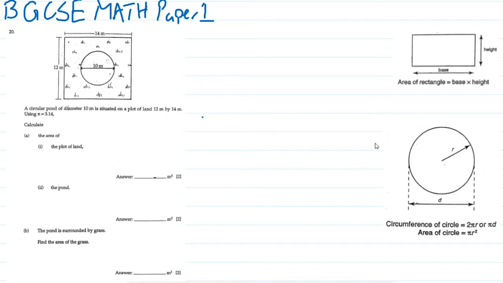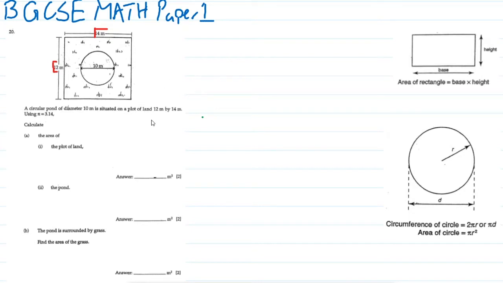These formulas are given on the formula sheet right in the front of the Paper 1 BGCSE exam. If we're going to find the area of the plot of land, we need to use this formula. It says area is equal to base times height. In this question, it gives us the dimensions 14 meters by 12 meters.